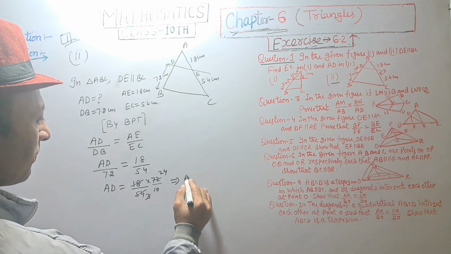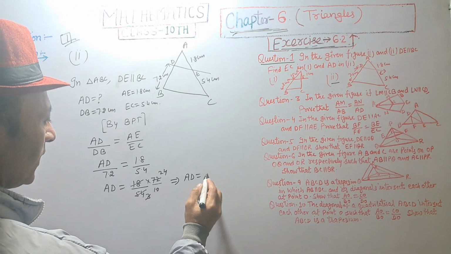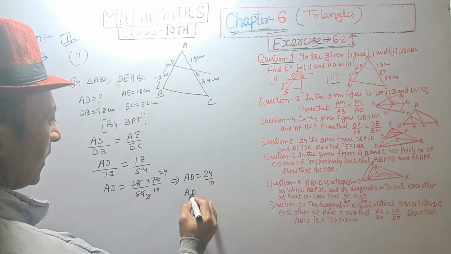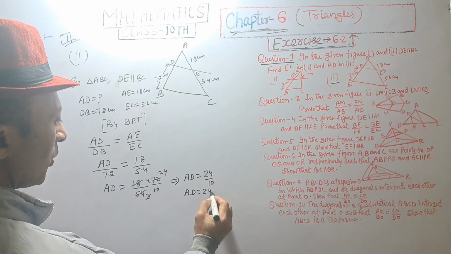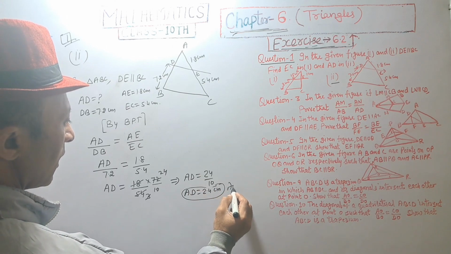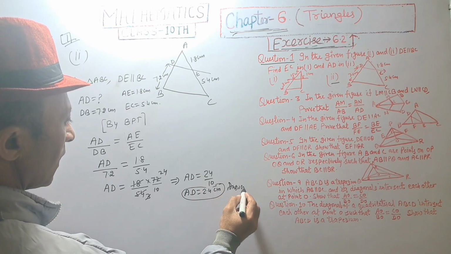This implies AD is equal to 24 upon 10. AD is equal to 2.4 centimeter. Answer.